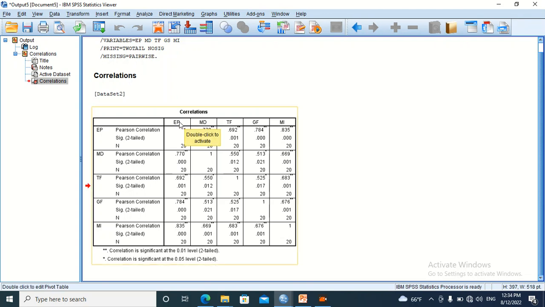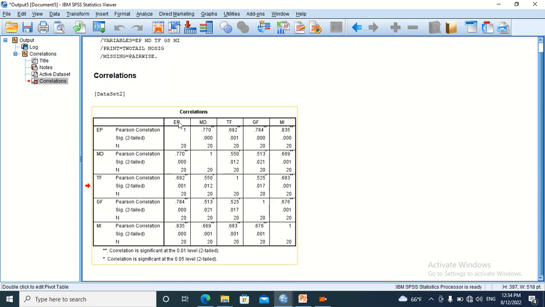This is the dependent variable. EP with EP by Pearson correlation, there is no correlation. The dependent variable does not correlate with itself, so the relationship between them is not seen.